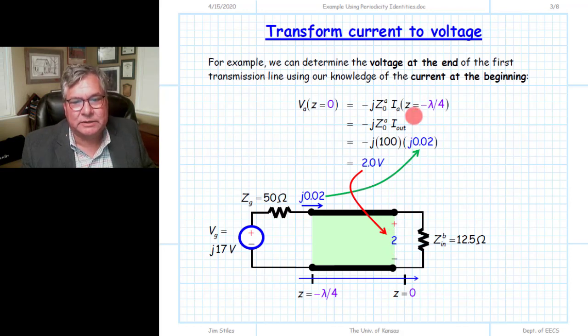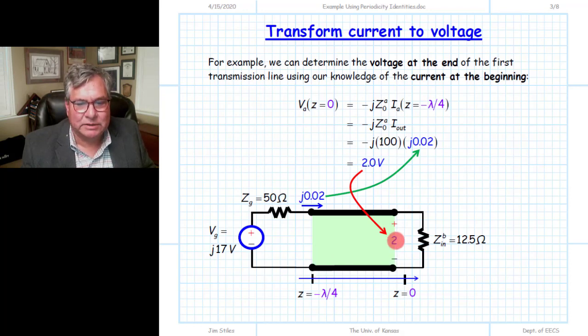When we do that, we take our original point and find the current is again j0.02, and we multiply it by minus j times the characteristic impedance of this transmission line, which is 100, and that gives us a complex value with an imaginary part of 0 and a real part of 2. That is then the voltage at a point on the transmission line that is 1/4 wavelength further down the line from the original point.